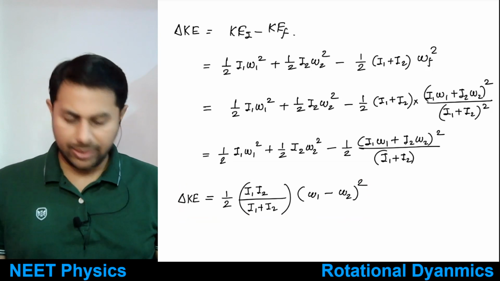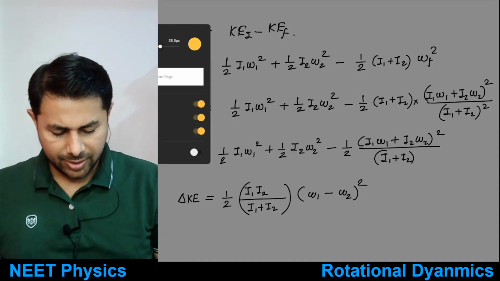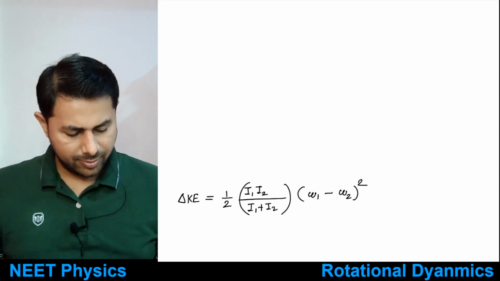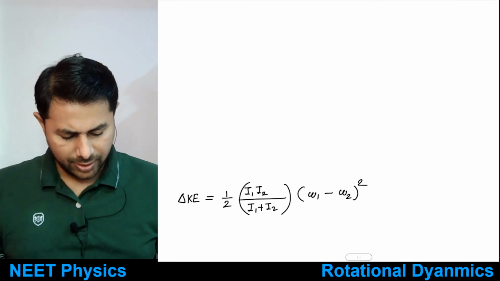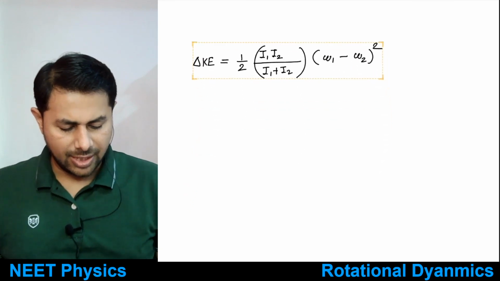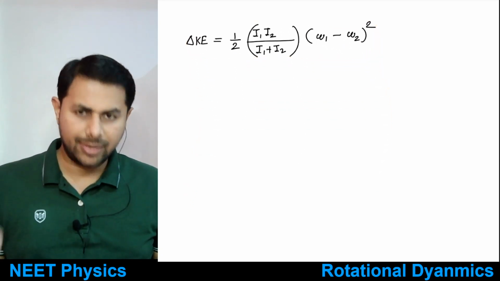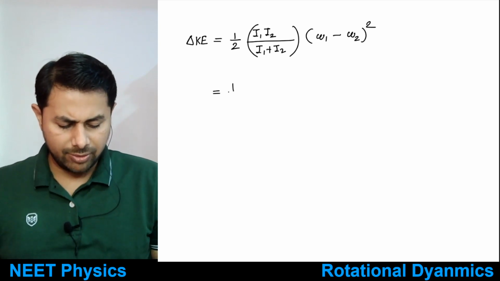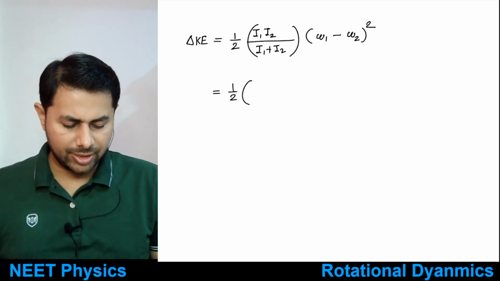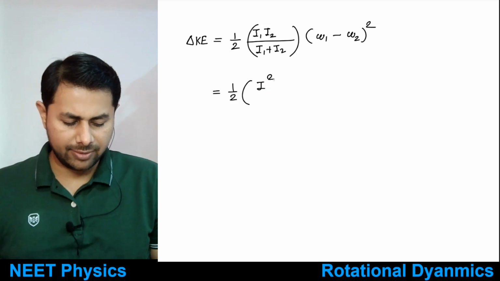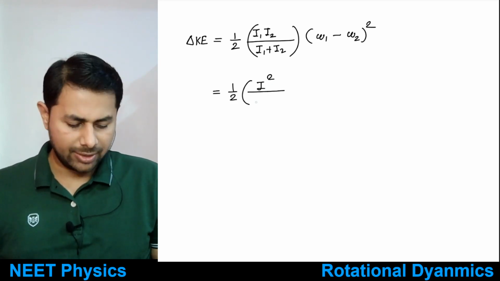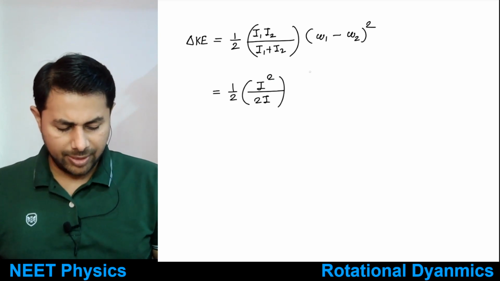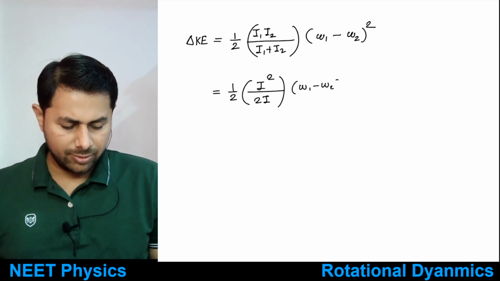Now I have included this in the topic, so I will just erase this. Delta K is just half of I1 I2 divided by I1 plus I2 multiplied by omega 1 minus omega 2 square. If the moment of inertia is equal, this becomes I square divided by I1 plus I2, which is 2I, multiplied by omega 1 minus omega 2 square.